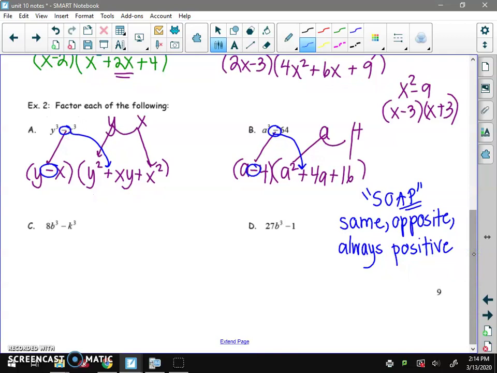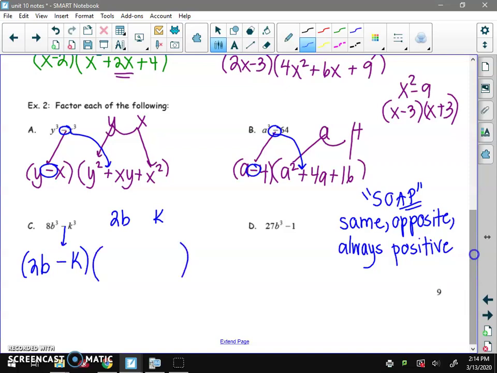So let's take a look by just knowing this new rule. The first cube I have is 2b. The second cube I have is k. So I know I have to start out with 2b and k. Now, how do I know if it's positive or negative? First one is always the same. So there's a minus.